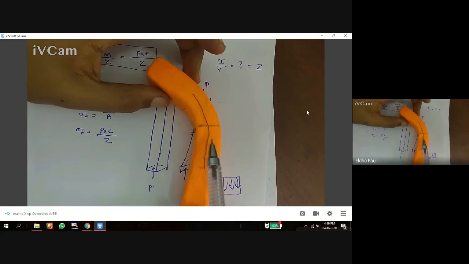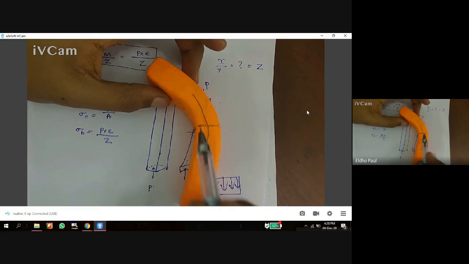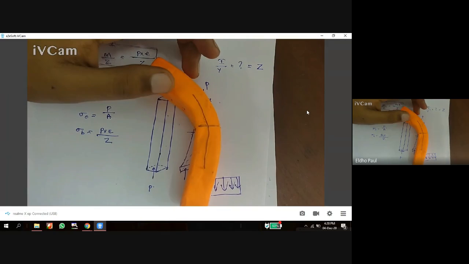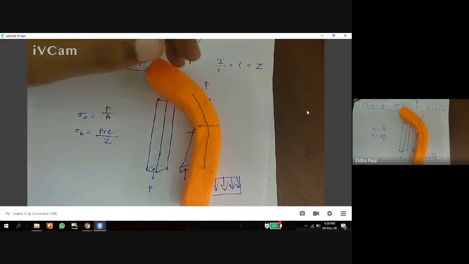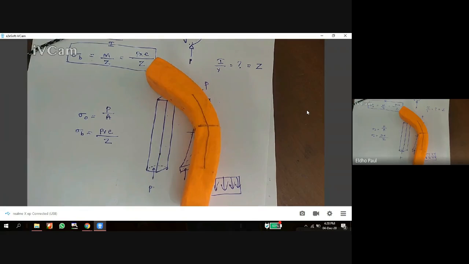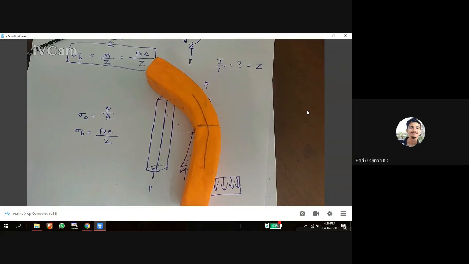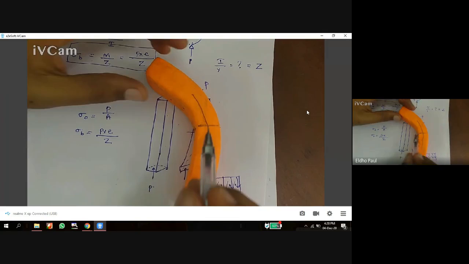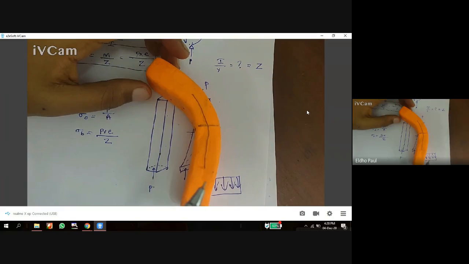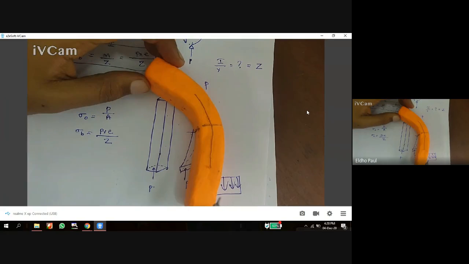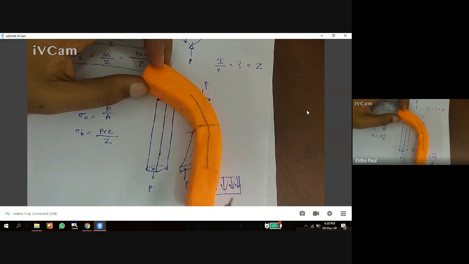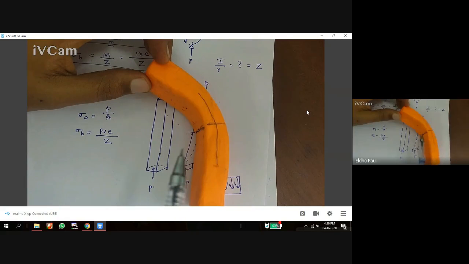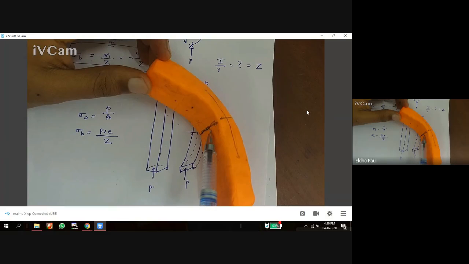So this is my neutral axis, and to the left of it there is compressive stress, and this compressive stress is maximum at the surface.